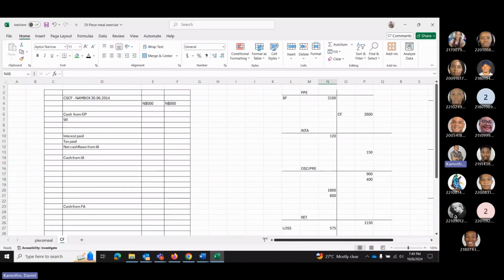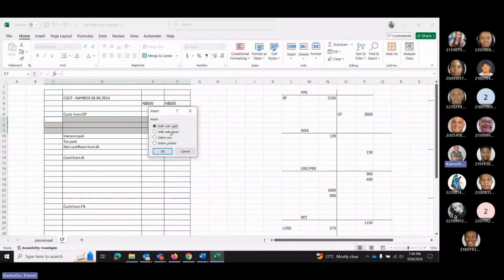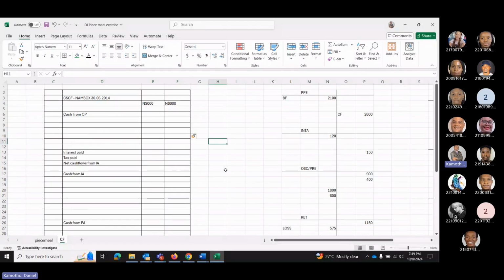I think I can put it here. Let me remove the working here, then I just put it there, as part of the table. Insert and move down. So I will work it from here. Ideally, we should always start from profit before interest and tax.